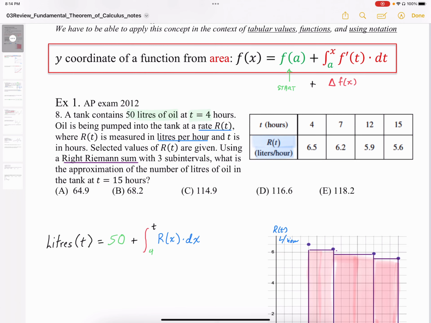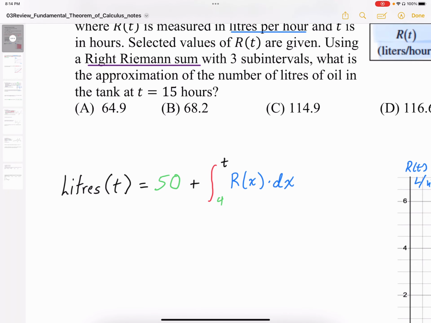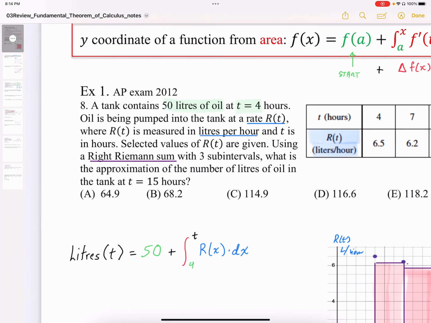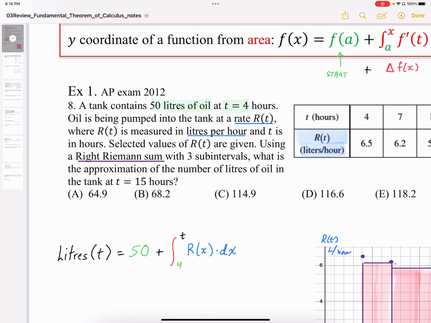So we want to find the number of liters, and that is the antiderivative of the rate function R of t. We can do this by having our starting point, which is 50 liters at t equals 4. Notice that the 4 is the beginning of our interval, up to t in the area under the R of x function.